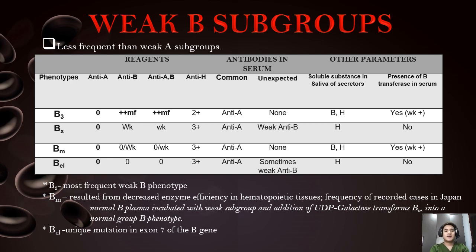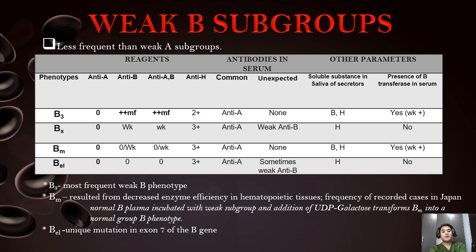It almost has the same reactivity with your BM, being agglutinated by anti-A and anti-AB antisera. So unexpected weak antibodies are present, which is anti-B, and the only difference was demonstrated in the soluble substance, with BEL having only H substance present and the complete absence of the B transferase.